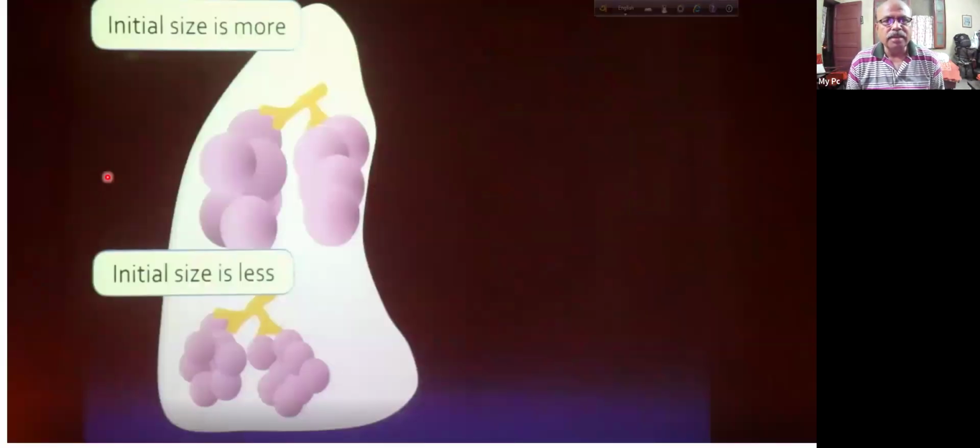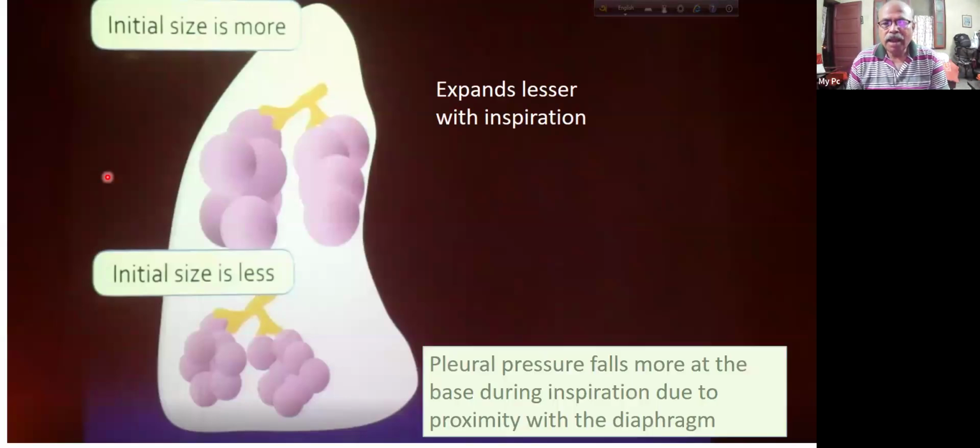So the initial size of the alveoli is larger in the apical region, and the initial size in the lower region is smaller. So the apex expands less, and since the pleural pressure falls more at the base during inspiration due to the proximity of the diaphragm, as the diaphragm contracts during inspiration, it has an even greater pull effect on the alveoli of the basal region, causing them to distend more.